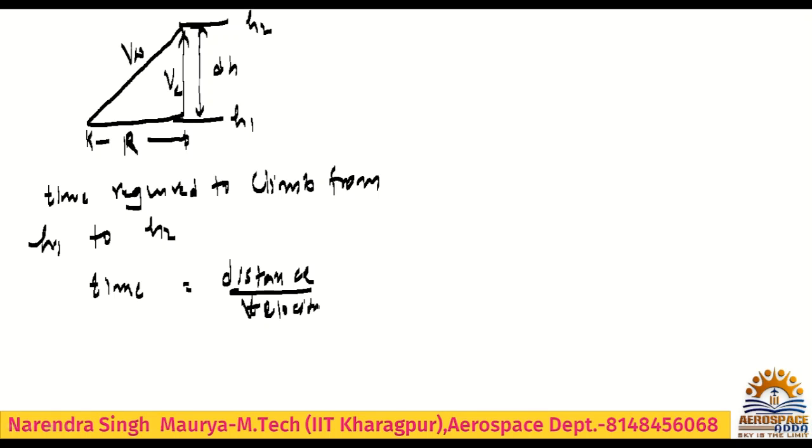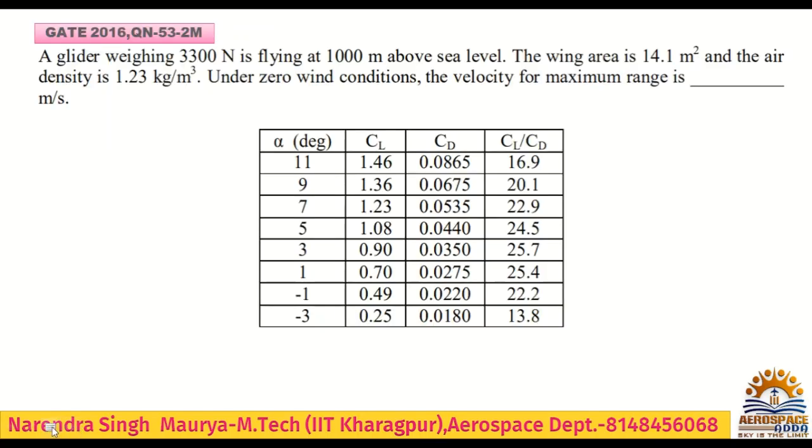The distance is dh and the velocity is Vc. I write dh because it is climbing from h1 to h2. If it is climbing from sea level, 0 to h, no problem. If you want the time to climb from h1 to h2, you just integrate from h1 to h2. Your problem is solved now.